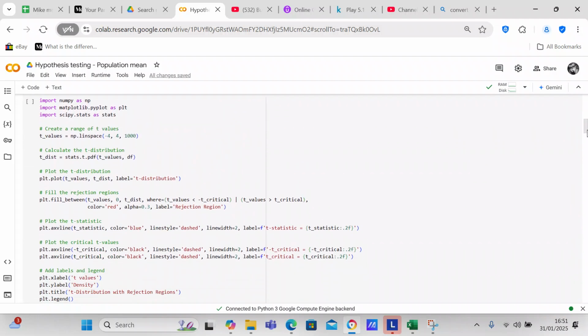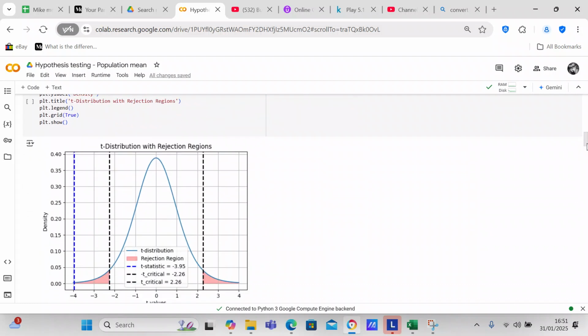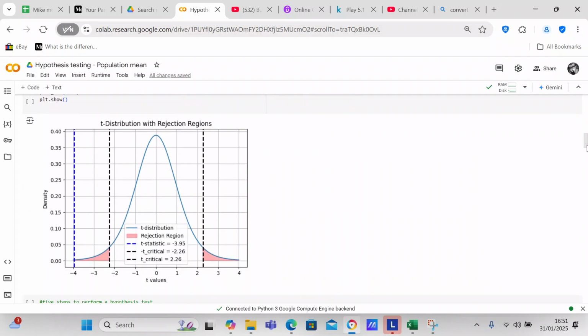And what I've done is I've used Matplotlib to make a drawing of this distribution. So you can see you've got your t-distribution, and then you've got your rejection region. Your t-statistic is negative 3.95. Your t-critical is negative 2.26 and plus 2.26.